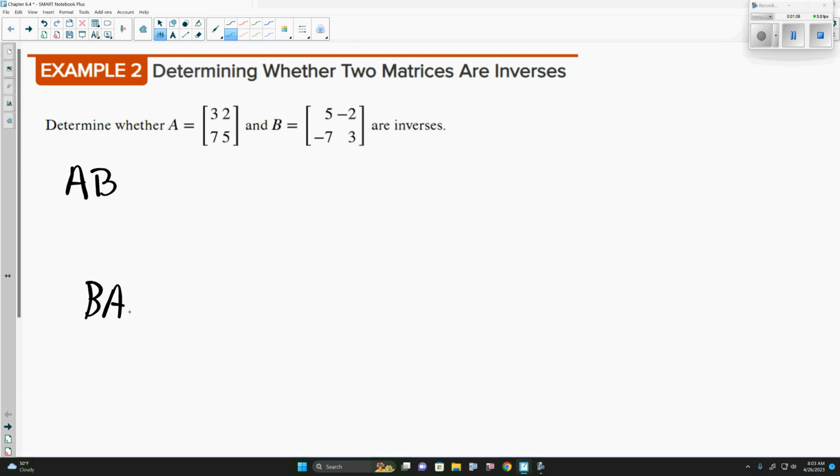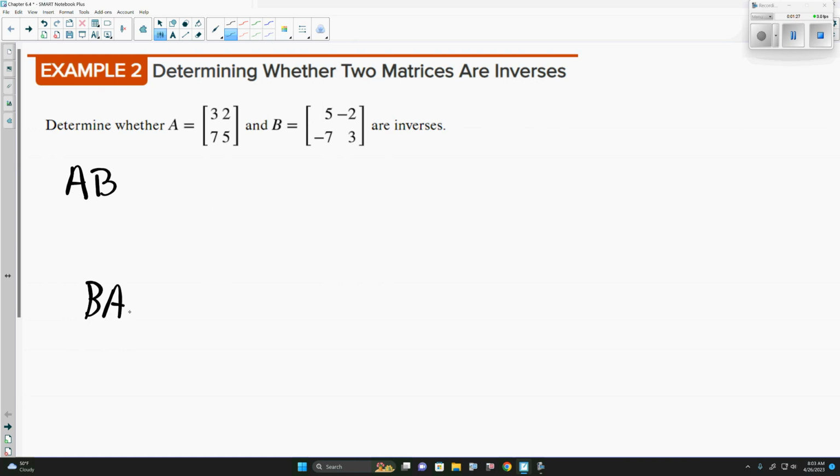Now, the only way that we can actually get the same matrix is if one of these two is the identity matrix, or if they are inverses. Because if two matrices are inverses, then we'll actually get the same matrix back out. And ironically, that matrix that we get is the identity.